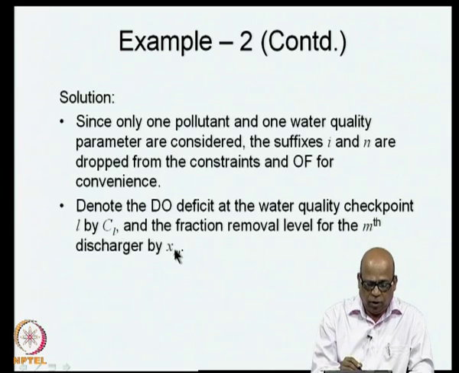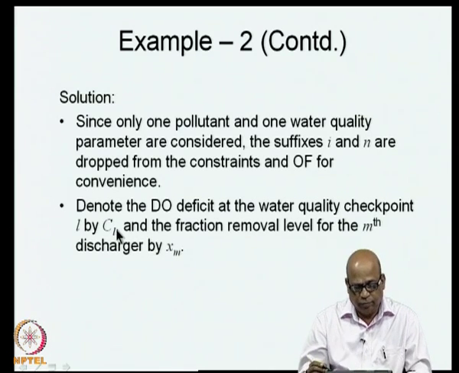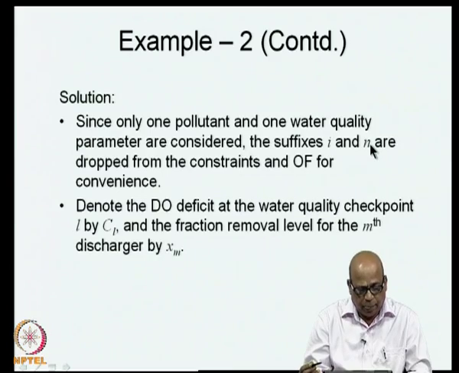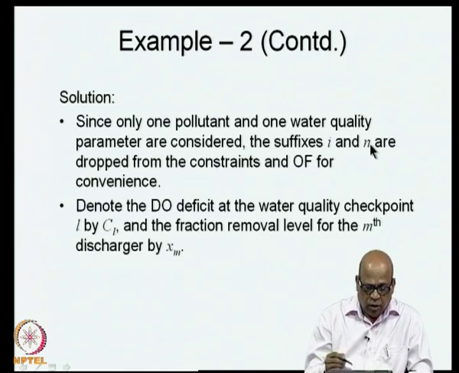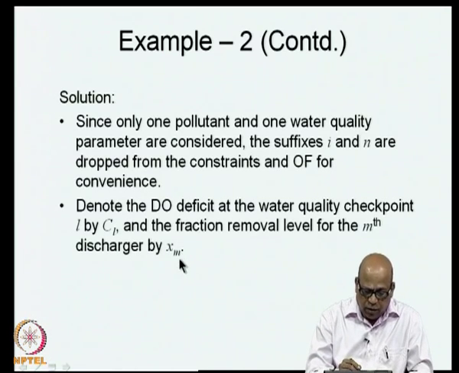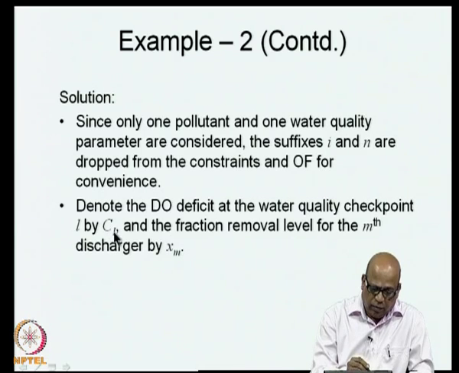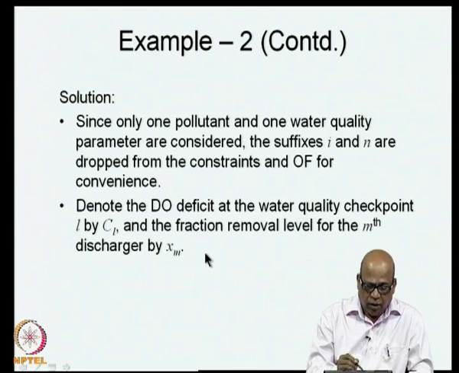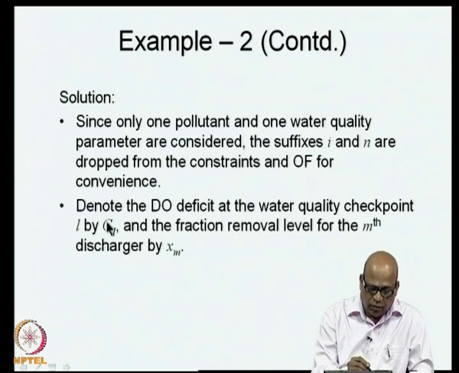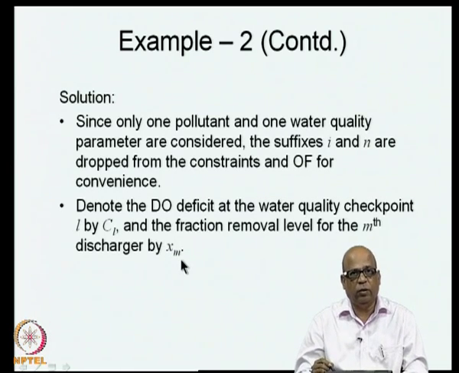So, we have only two indices now, M and L. XM are the decisions that we are making and CL is the result of this decision, but we have membership functions as functions of CL for the pollution control agency and membership functions as functions of XM for the dischargers M.